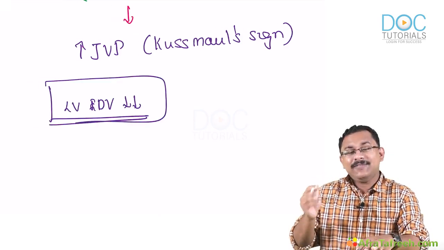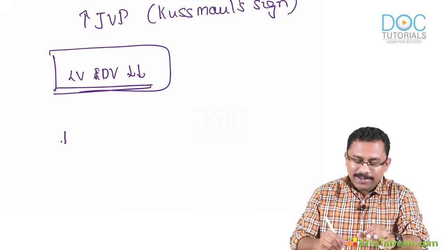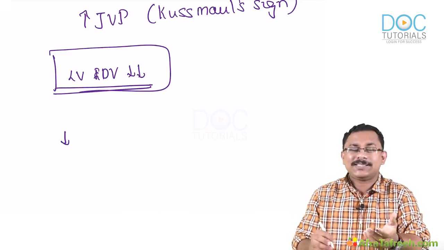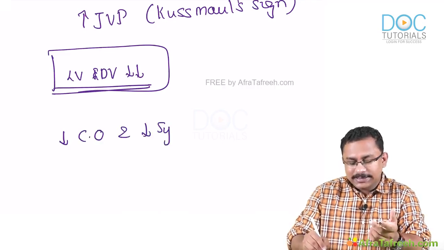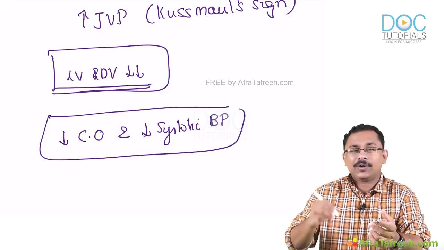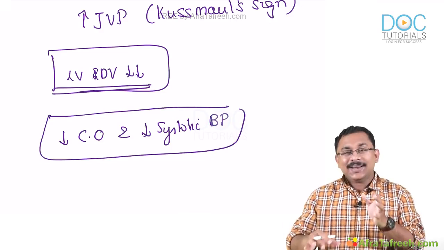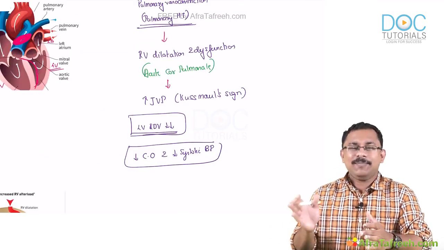When the LV end diastolic volume is decreased, what will happen to the cardiac output and the systolic blood pressure? There is a decrease in the cardiac output and a decrease in the systolic BP, and the patient may go into hypotension. So these are the sequence of events that happen in cases of a pulmonary embolism.